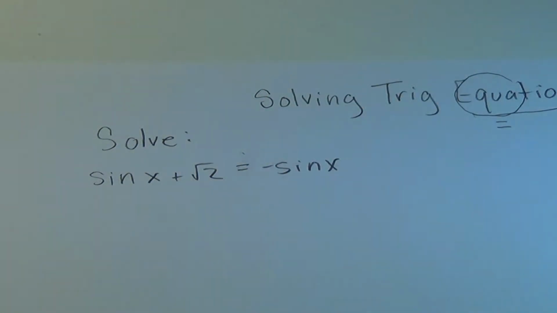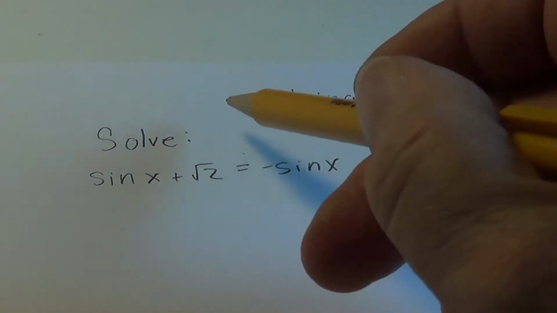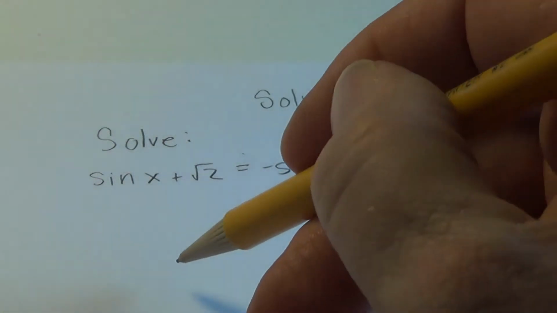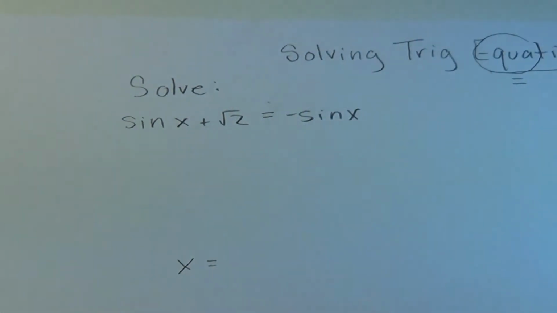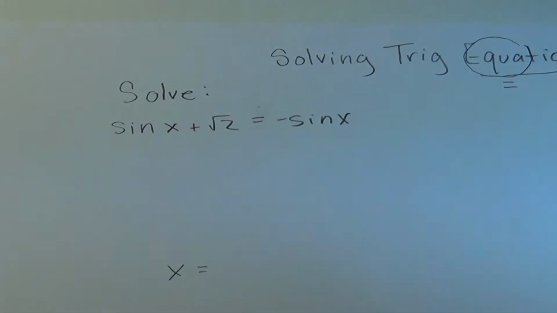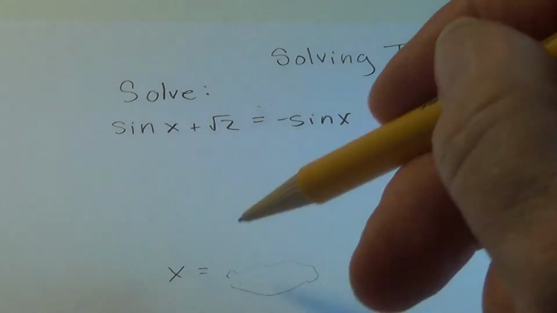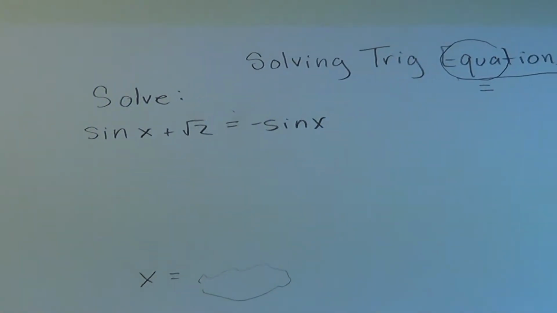Alright, sine x plus square root of 2 equals negative sine x. When you see the command solve, that means at the very end of our happy story, we're going to have x all by its lonesome on one side of the equals sign equals some expression or number on the other side.